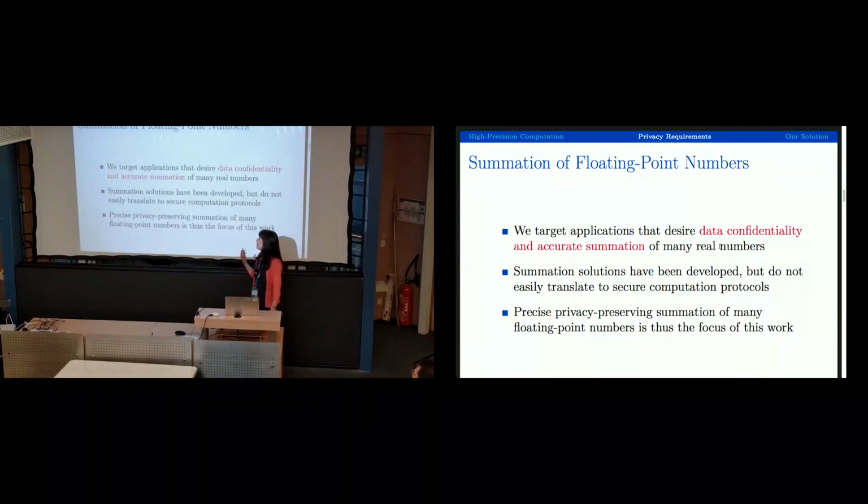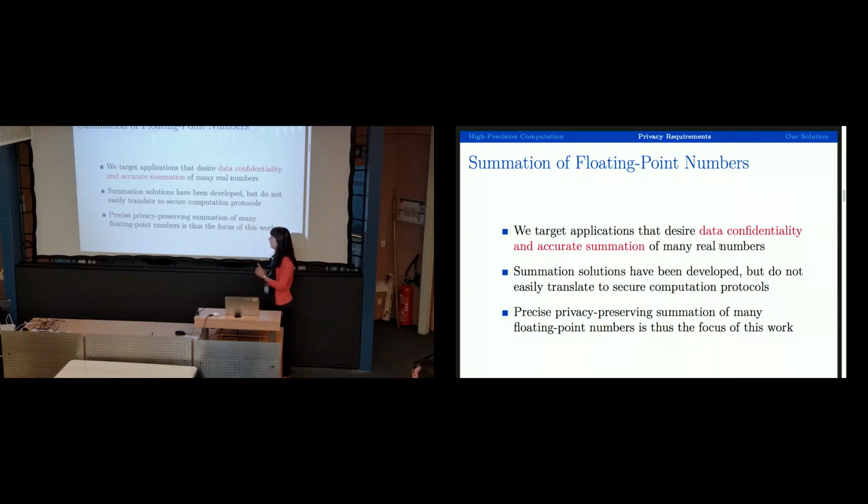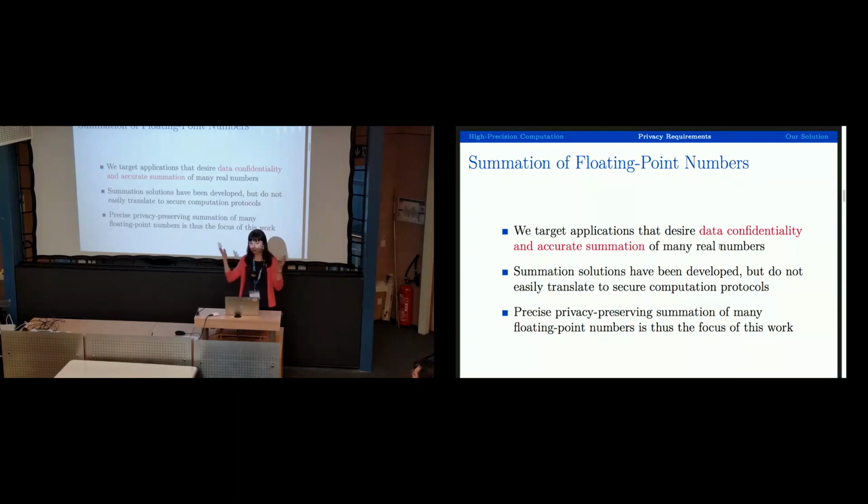There are certain applications where we seek both confidentiality of the inputs and accurate summations of many real numbers. From a broad perspective, summation solutions have been developed. They're accurate, and they use a different data structure for performing that computation, but they're not necessarily amenable to secure computation protocols because of their structure.